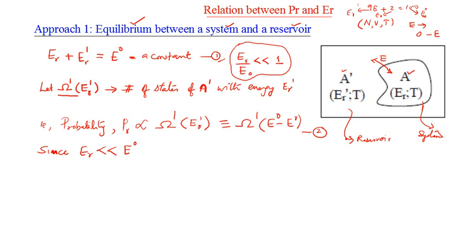What we can do now is this: omega prime is a function, and this function can be Taylor expanded.